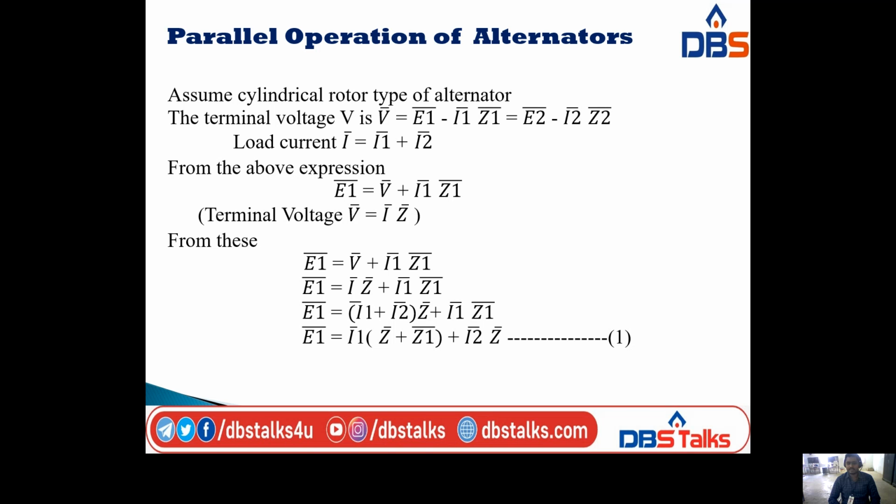So the terminal voltage is equal for both alternator equations. From the diagram, the load current I bar is equal to the sum of the currents in the two alternators, I1 bar plus I2 bar.